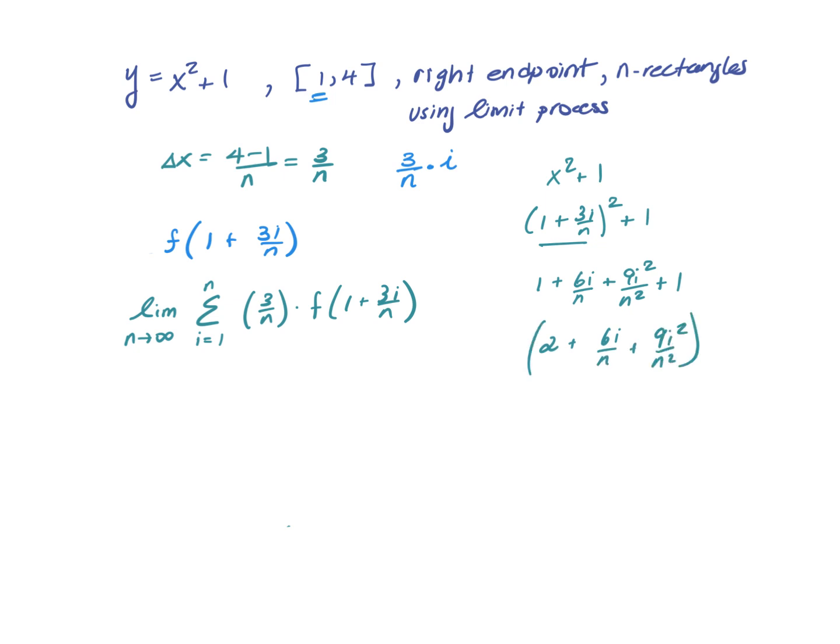And then I'm just going to distribute it by 3 over n. So we get the limit as n goes to infinity, I equals 1 to n, of 6 over n plus 18I over n squared, and then plus 27I squared over n cubed.